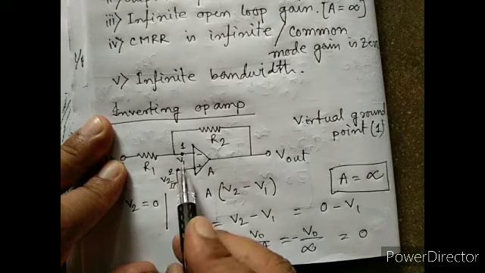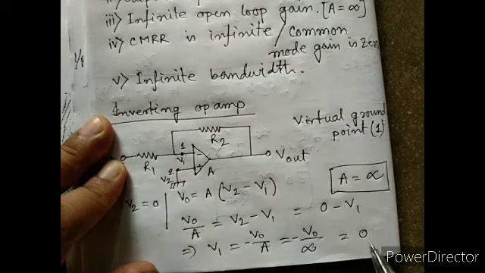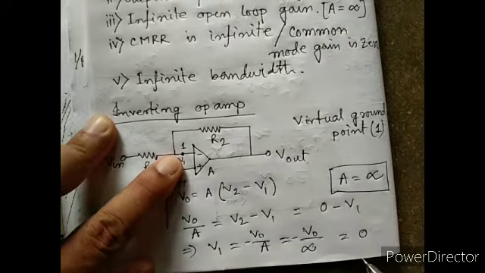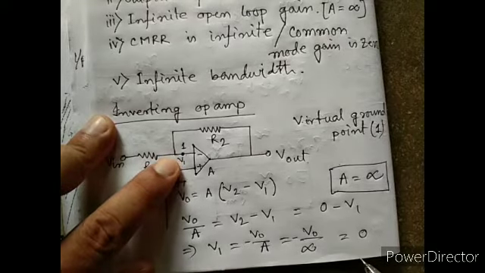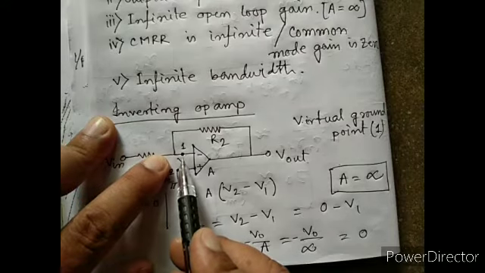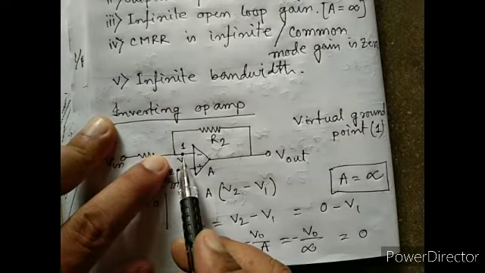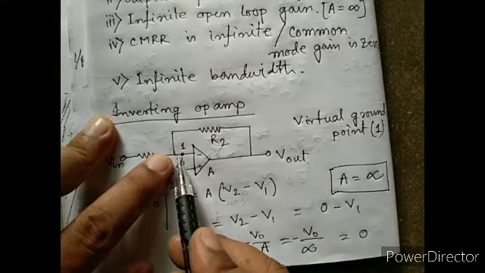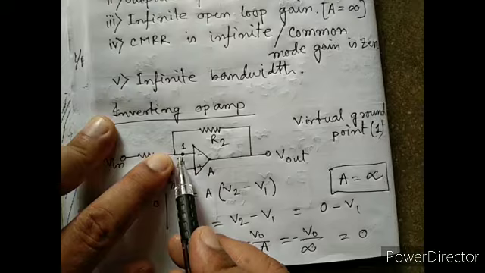So at V1 we are getting 0 potential, that is the ground potential. Though this terminal is not directly connected to ground, we have here a 0 potential. So this terminal is called virtual ground terminal.